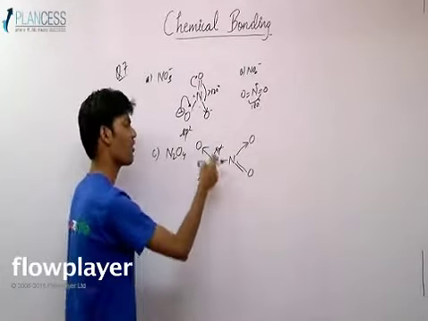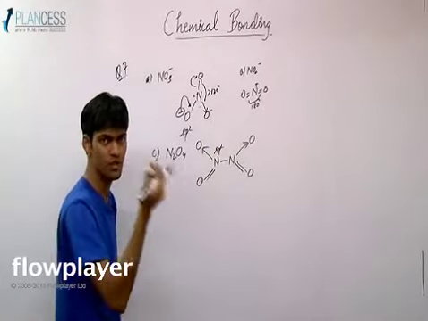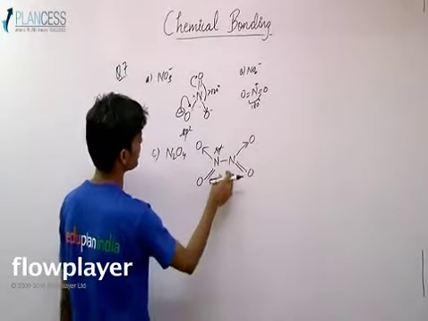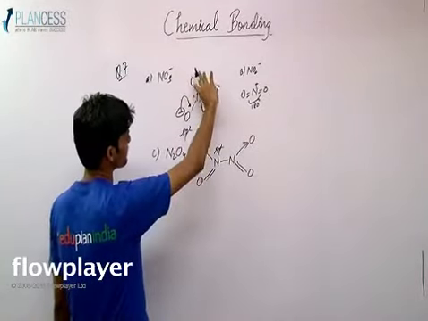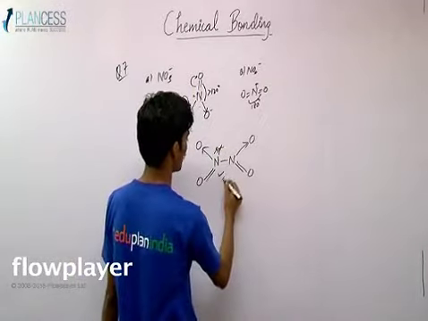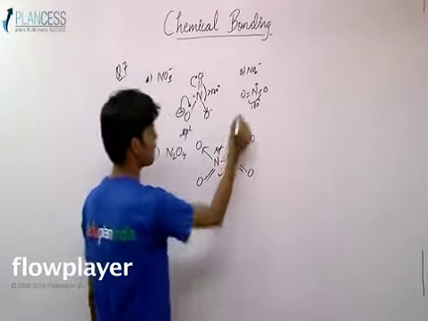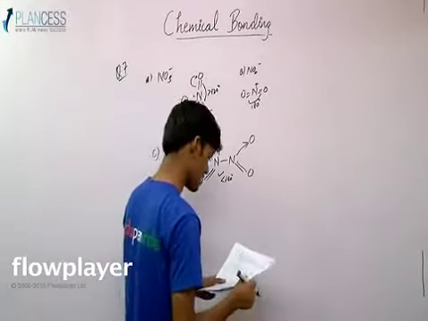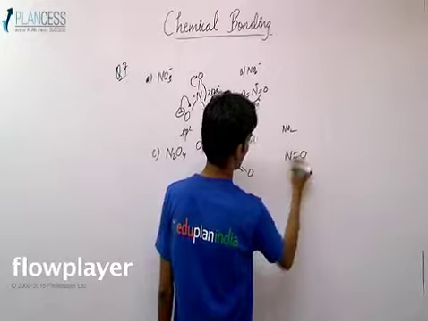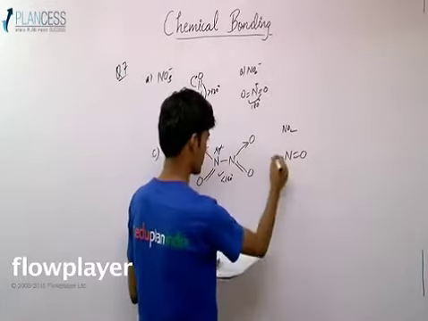So this angle would be obviously greater than 120 degree, but since it is objective, we don't have to compare all that, because it would be difficult to compare whether the O and O angle is greater in this or this. So we don't have to compare that. We can definitely say that it would be less than 180 degree. So our answer is still B. And the last option is NO2, which is something like NO and this.